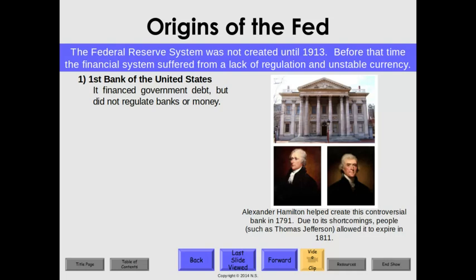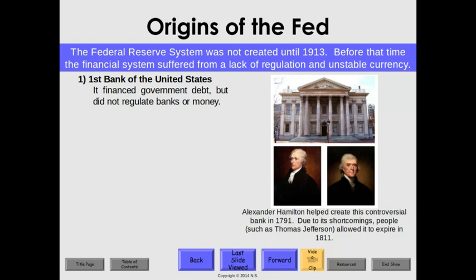So Alexander Hamilton was a real champion of the first national bank, and he creates it in 1791. Remember, at this point, this isn't the Fed. This is just the national bank.